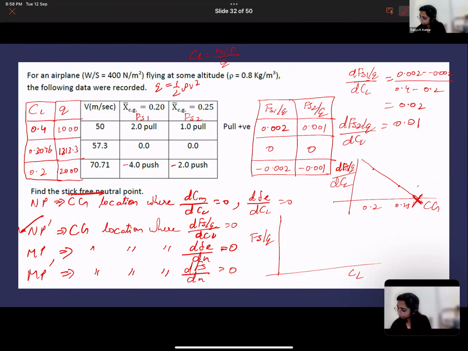Take the coordinates of that point as x comma y and then just do it. So y is 0, right? Actually, you tell me. I'm not going to do this. Just tell me. X2 minus x1 by y2 minus y1, that equation. Okay, what is the value? What is the neutral point?